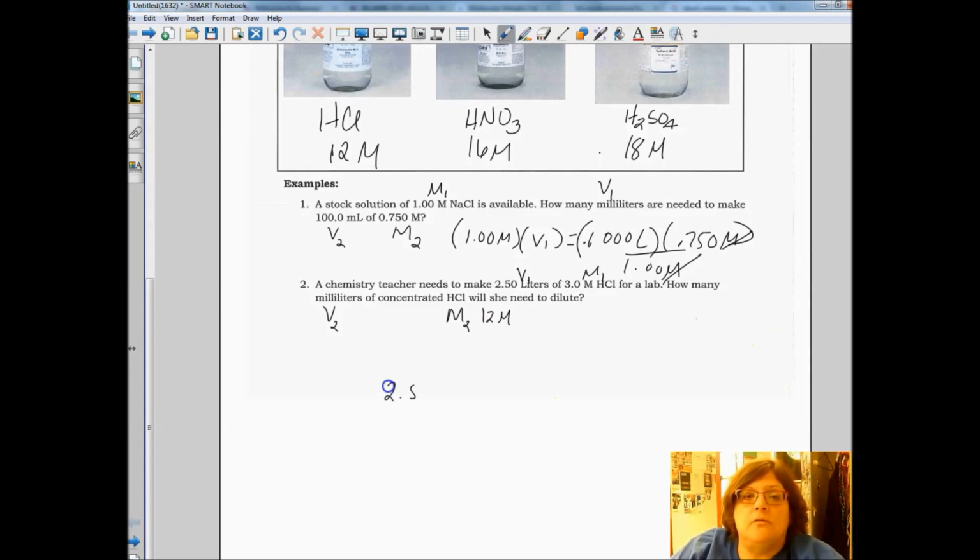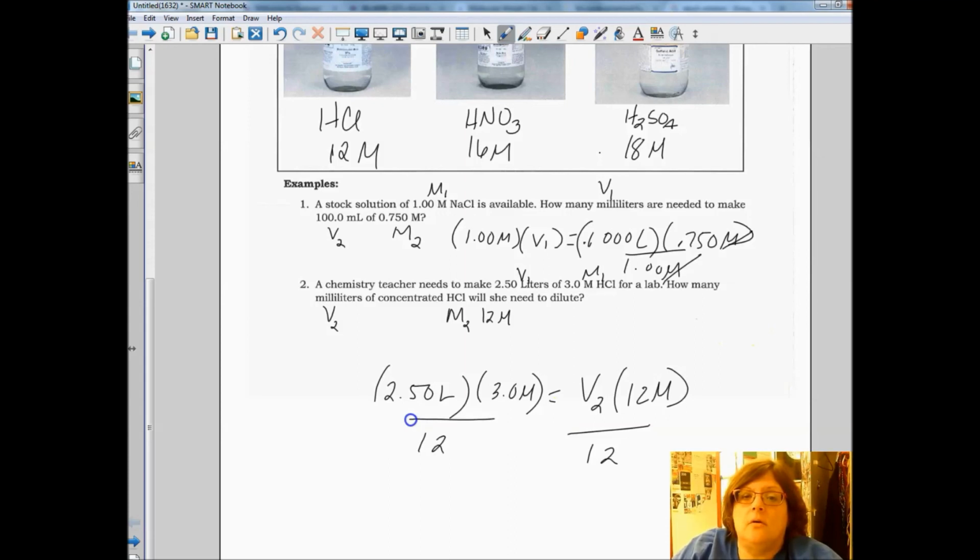So 2.50 liters times 3.0 molarity is equal to our volume times 12. Divide both sides by 12. Our molarities cancel out, and we'll have an answer in liters. Now, you'll notice the question asked for milliliters, so you'll want to multiply by 1,000 to change it. Okay? So that is how we do this.